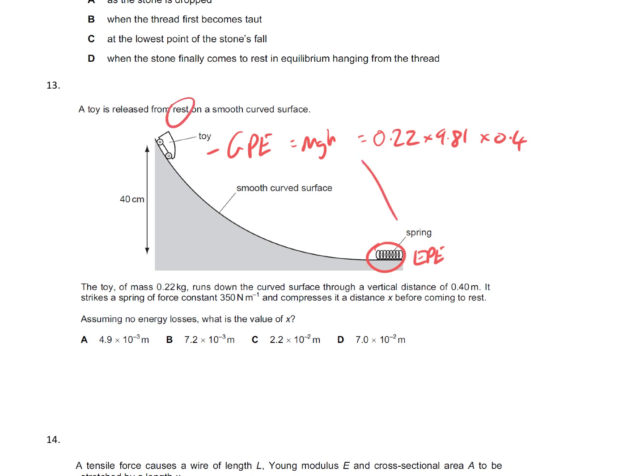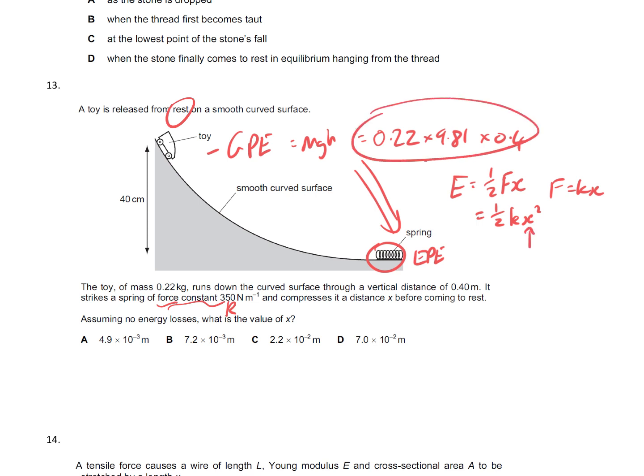That will all become elastic potential energy at the end. Remember, elastic potential energy is equal to half Fx, or if we substitute in F equals Kx, and again you should just know this, it's equal to half Kx squared. Now that's useful because we're given K, force constant is K, and therefore we can find x by equating that to this. So this just comes down here, and you can then solve that to get your answer.